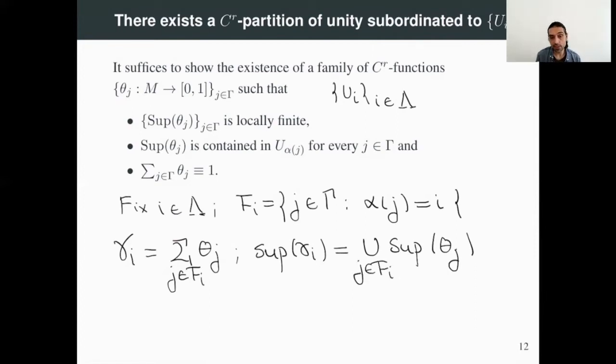In general, this is not true. If you consider a sum of functions, for instance a series, the support could change. But since we are here in the locally finite case, this holds. And because of that, what we get is that the family of the supports of the gamma_i is also locally finite.